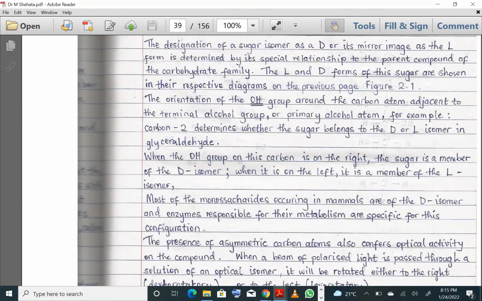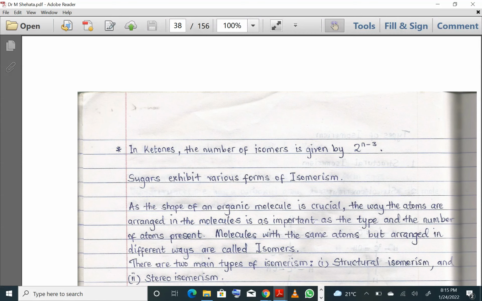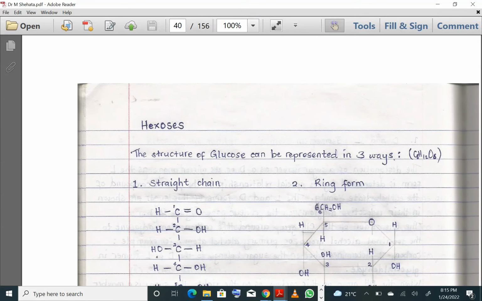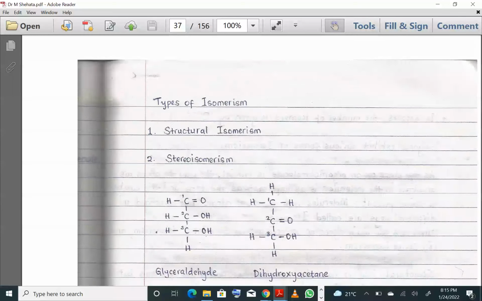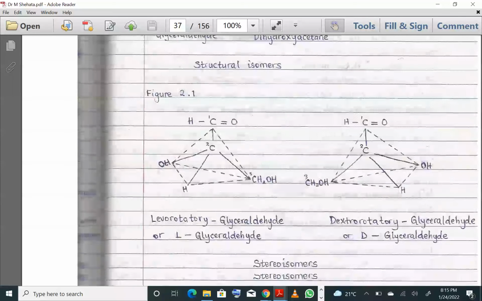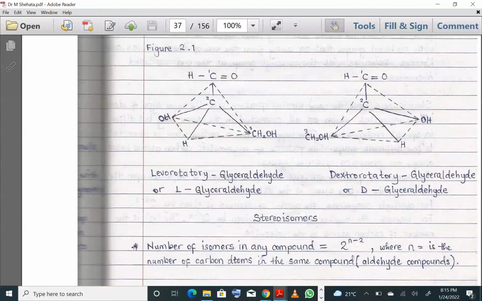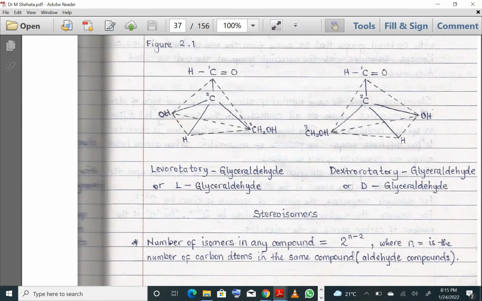So to ensure that everyone follows, let's focus on these two diagrams. To determine which one is L and which one is D, you look at the position of the OH group, that's the hydroxyl group.